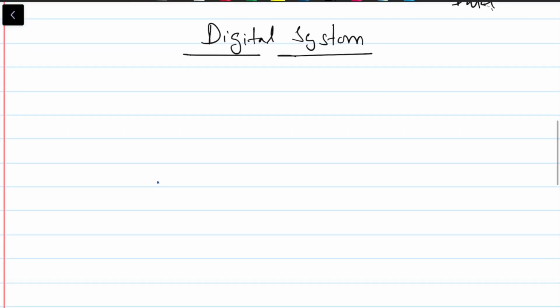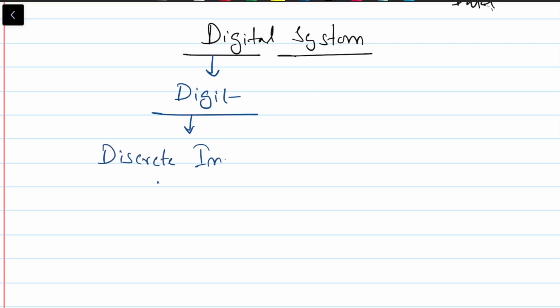So, digital, the word comes from the word digit. Digit means discrete information. Information means processed data.